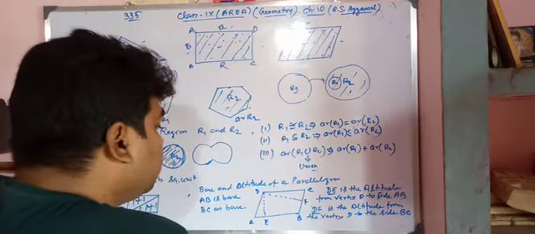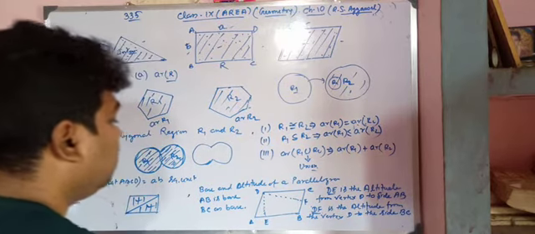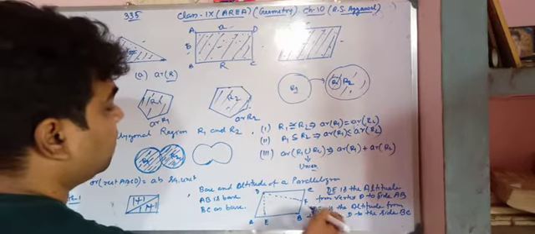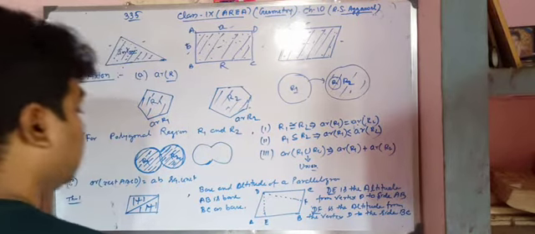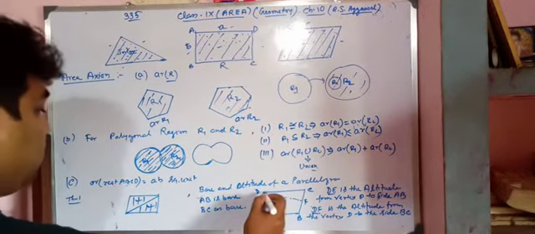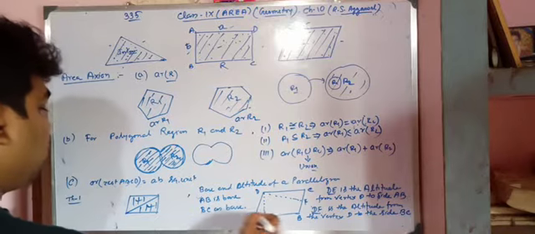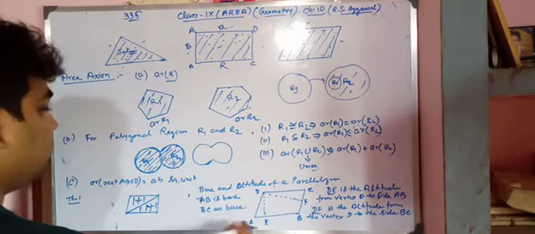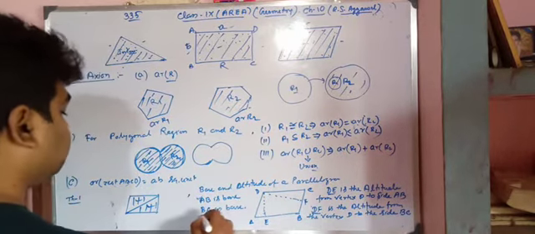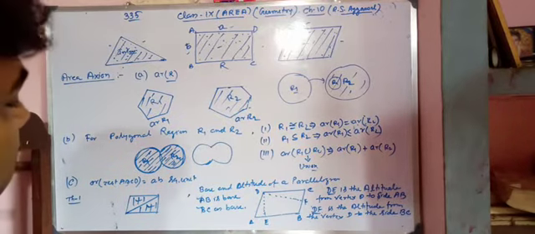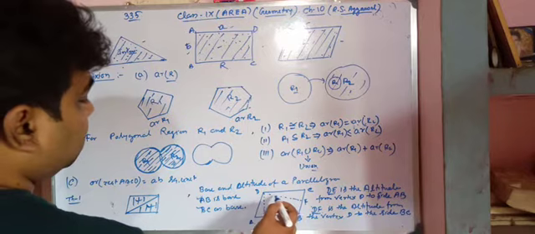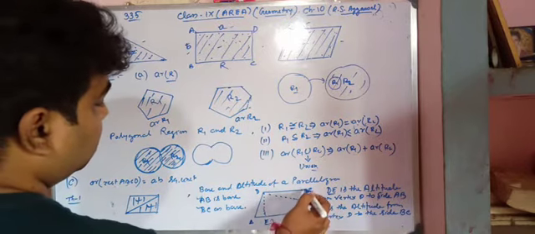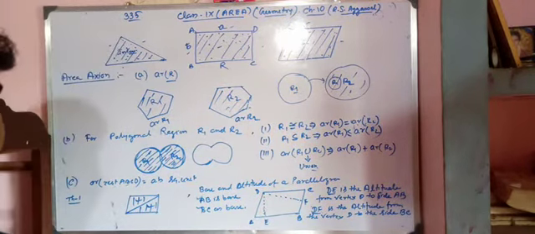DF is also an altitude from the vertex D to the side BC. If we take DE as altitude, then AB is the base. If we take DF as altitude, BC is the base.